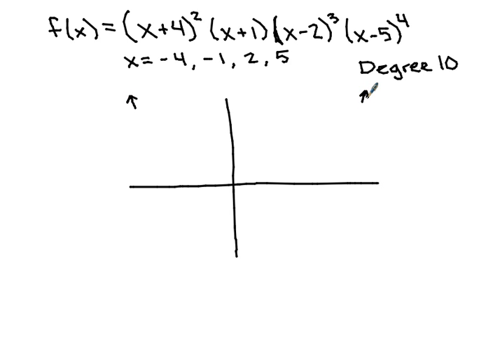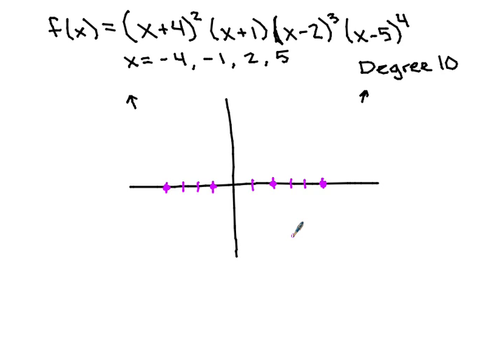It's going to start over there, and end over there, going up towards positive infinity. Okay, we have our x-intercepts, which we've identified at -4, -1, 5, and 2.